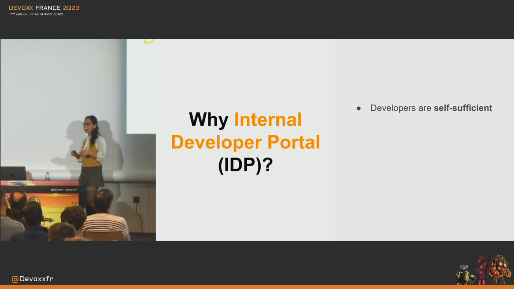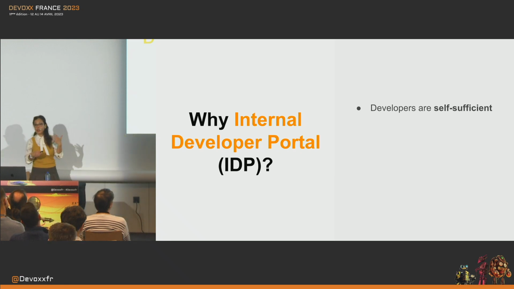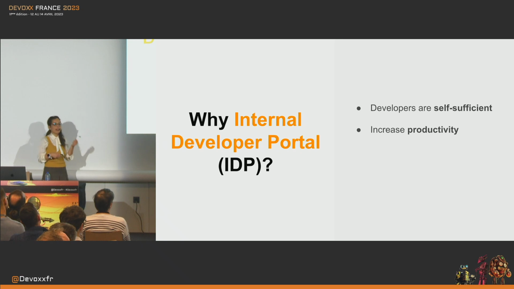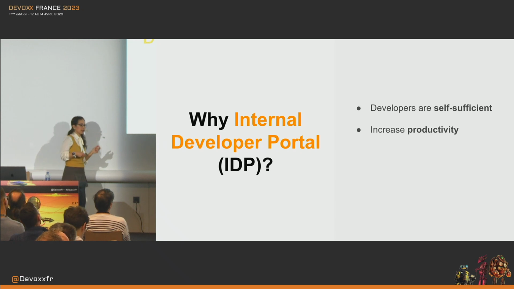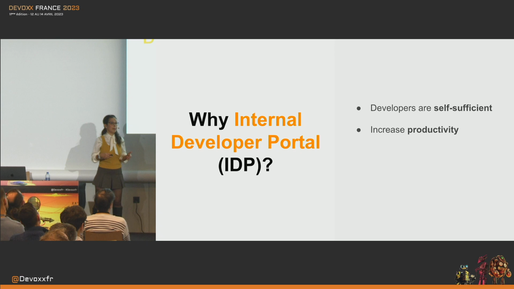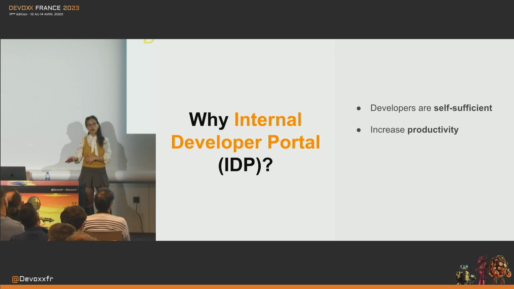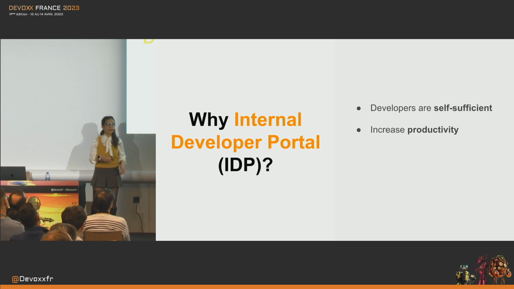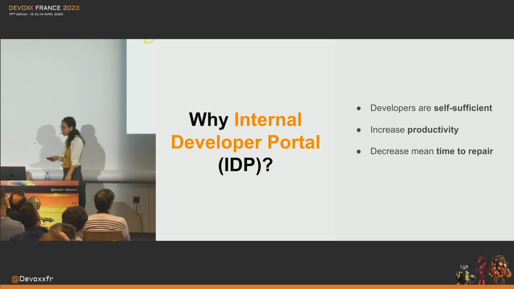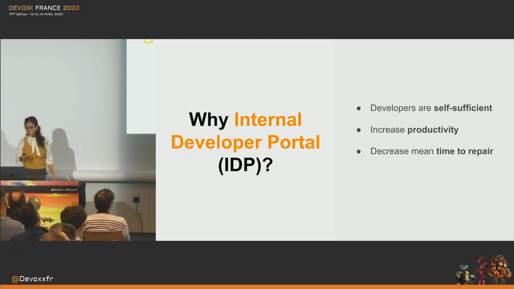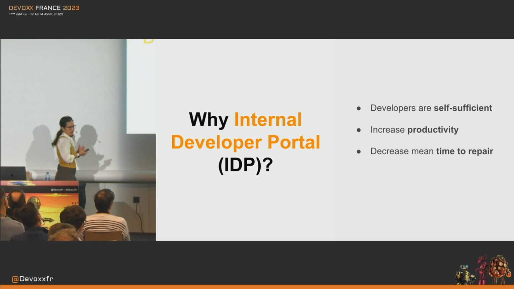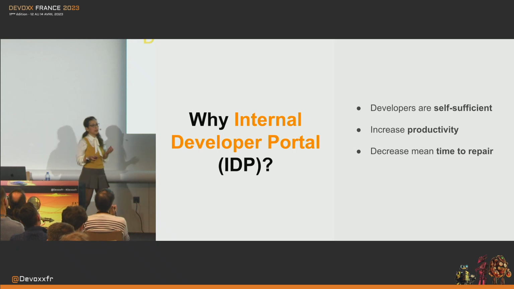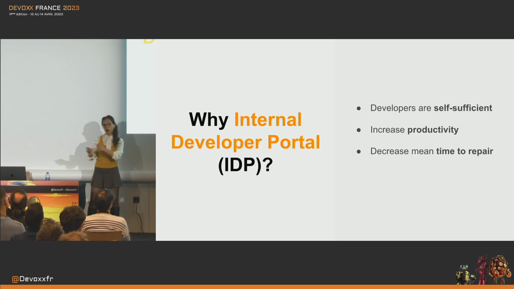So the idea is really to make the developers self-sufficient, self-service by accessing all these services through the portal. And of course, the main benefit is that it will increase the productivity of our developers and the overall productivity across the whole organization. On the other hand, it will help to decrease the mean time to repair a broken pipeline or a broken deployment, because you are responsible for that, so you don't need to reach anybody.